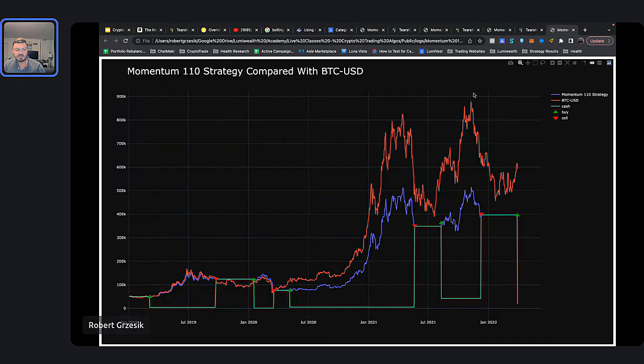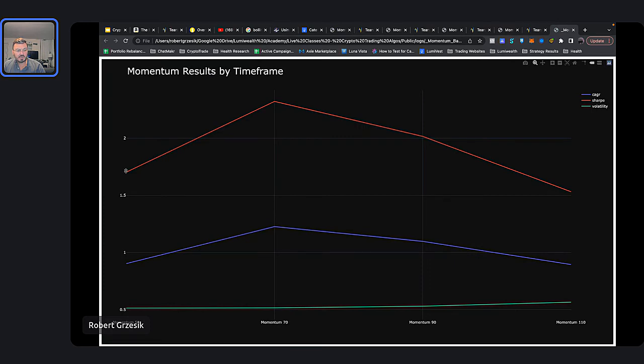And then that was for 70 days. Now this is for 110 days. So we're able to test all these different days, and then we could actually even graph it out and see here which one was the best. So momentum 50 gave us a return of, this is our CAGR, 0.9. So it actually doesn't seem right.